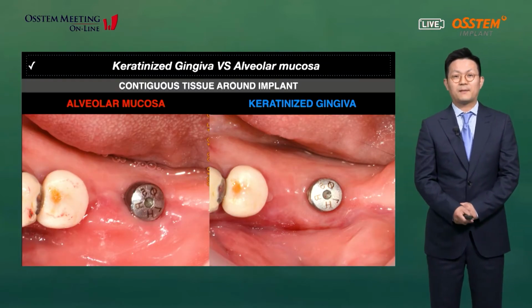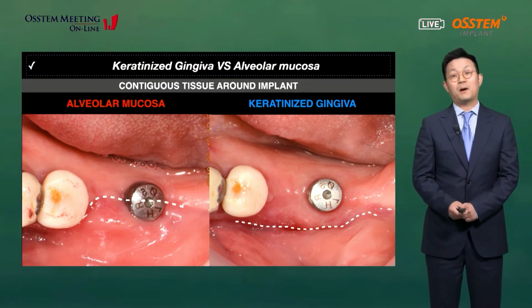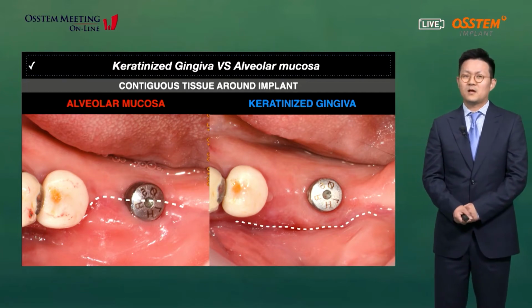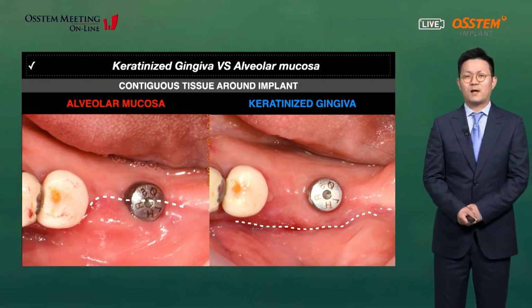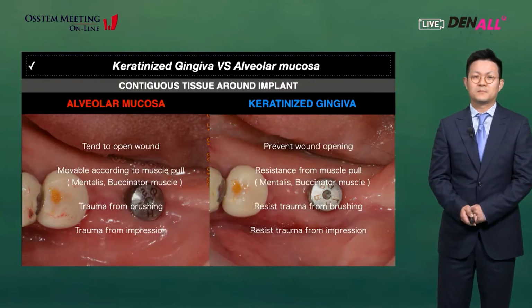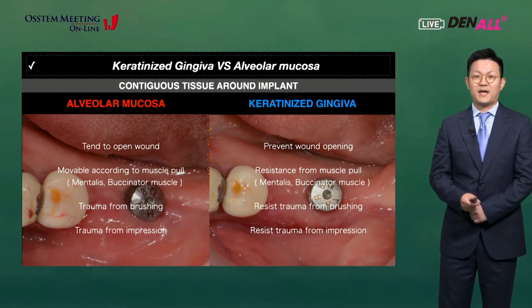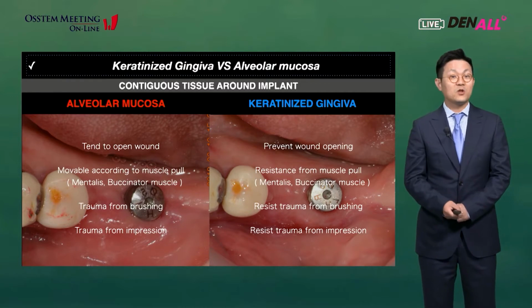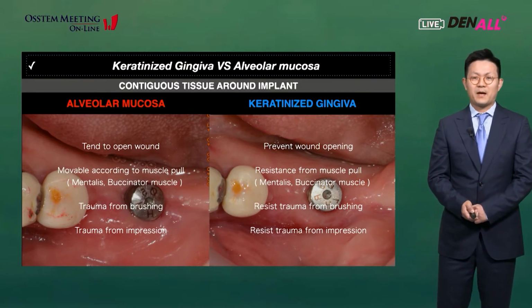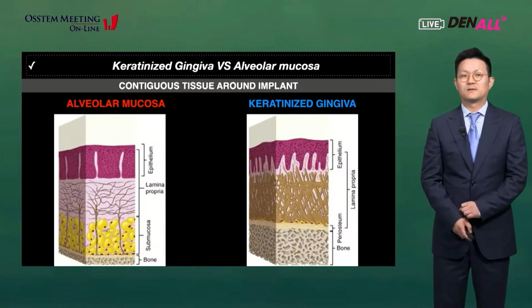Let's compare the left and right pictures. On the left side, the buccal part of the healing abutment is alveolar mucosa, and the right side is surrounded by keratinized gingiva. As we know, two different tissues have different characters. As far as we know, keratinized gingiva is better as a border tissue around the implant.